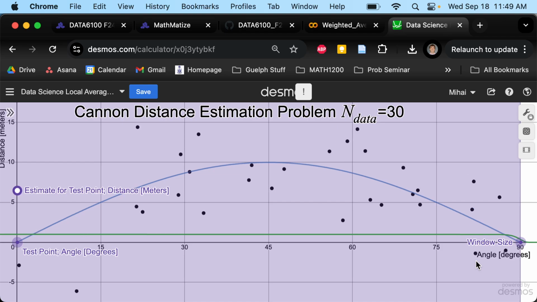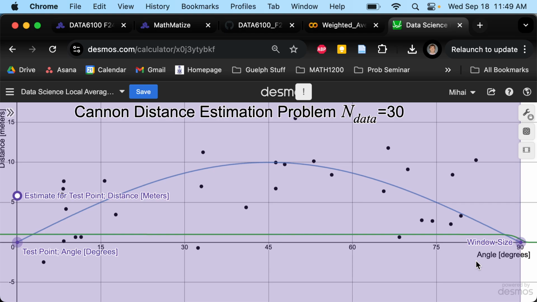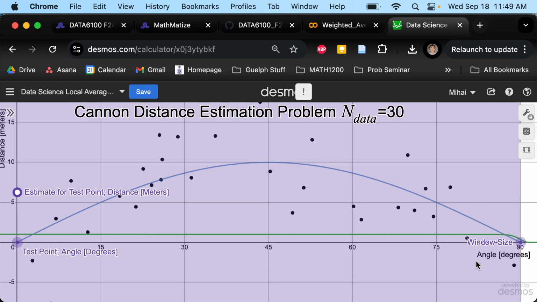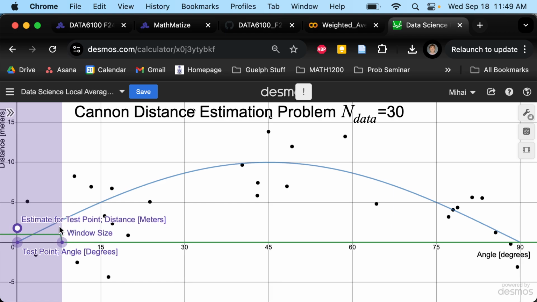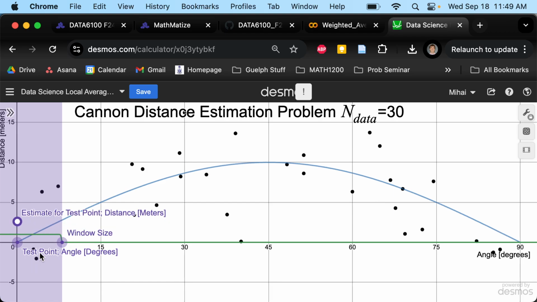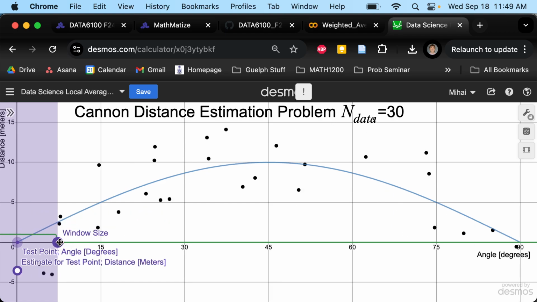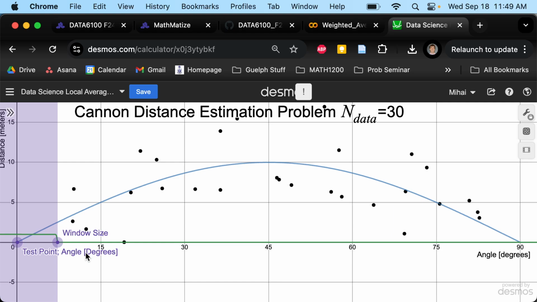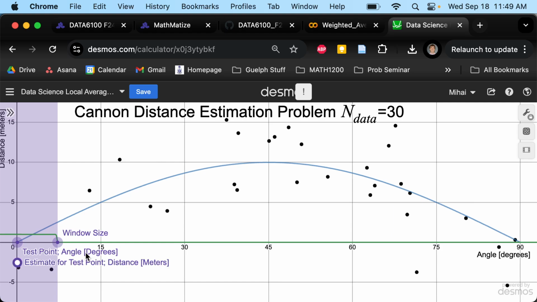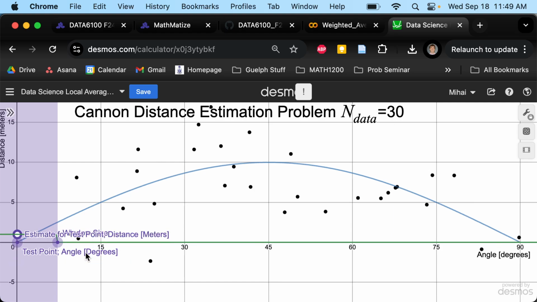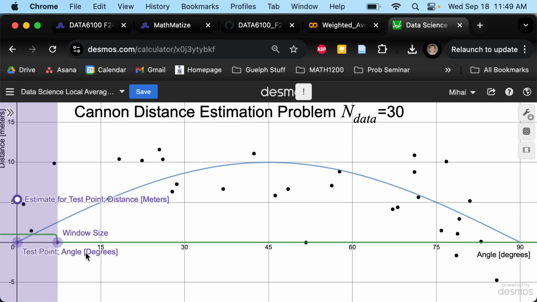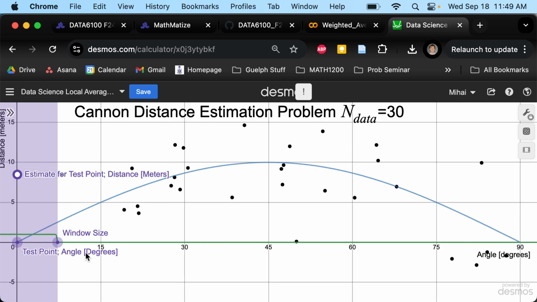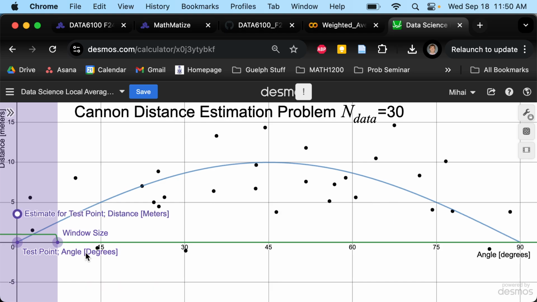You can either be consistently wrong and not move around a lot, or you can jump around a huge amount. So this one should jump around a lot more, but let me bring this back down to 10. So this one jumps around a lot more, but you can be either closer or further away from the true value, which is 0. So that's a great question. We're looking for the average value, which is what we're talking about with bias. Okay.